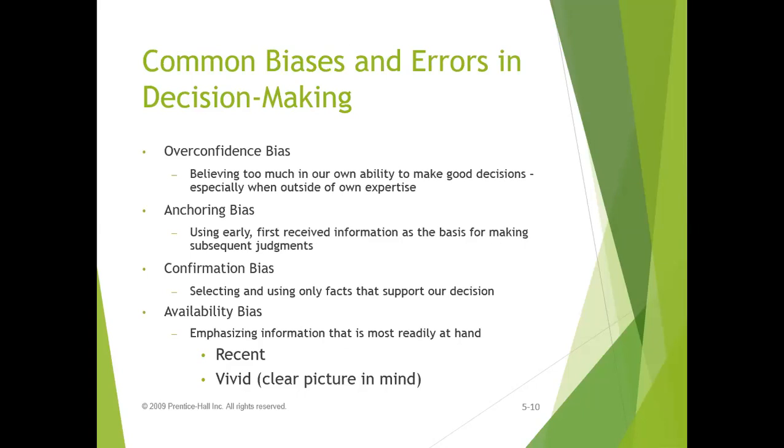So in some situations, we might support our decisions, and we might support those facts which suit us, which are of interest to us. So this is confirmation bias. Then the next thing is availability bias.